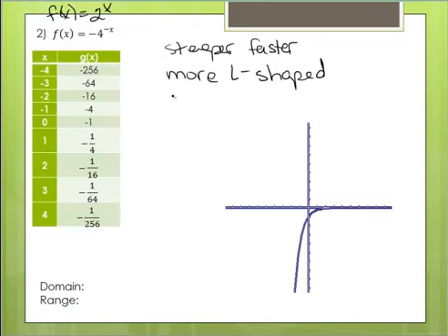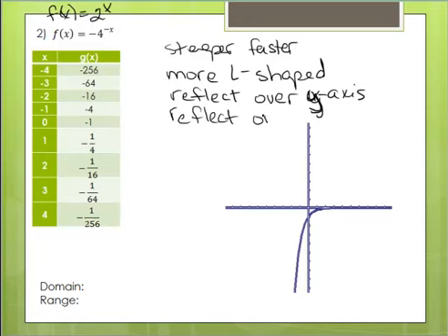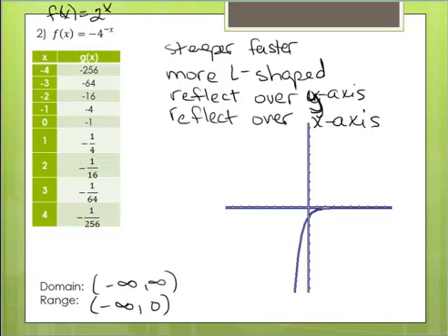Negative inside the function means reflect over the y-axis. Negative outside means reflect over the x-axis. The domain is everything. The range is negative infinity to 0.